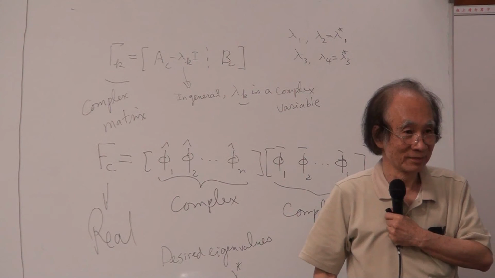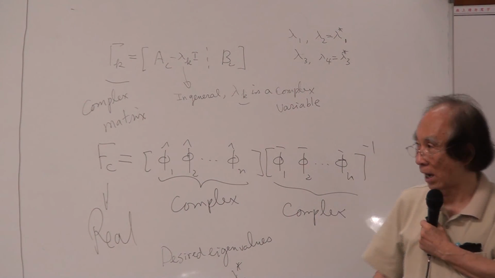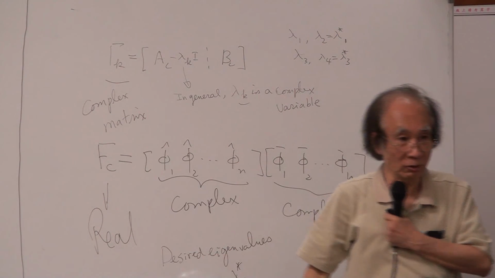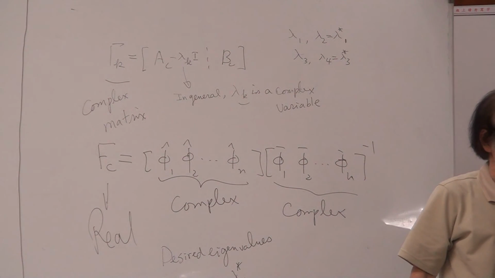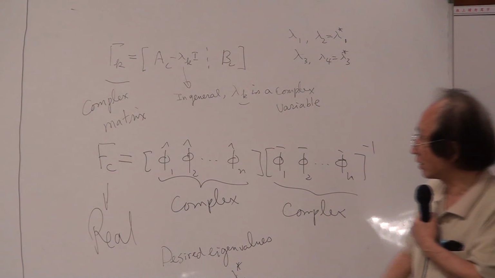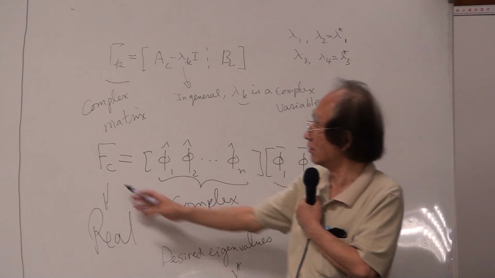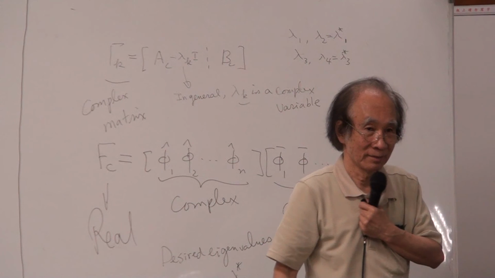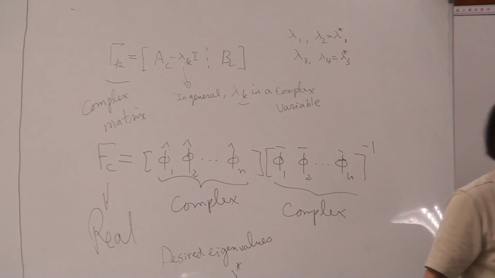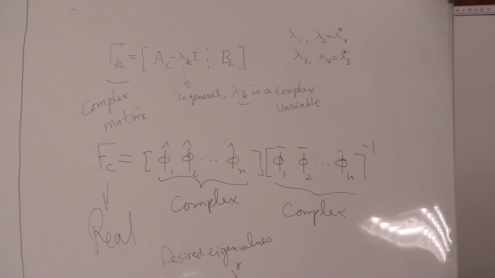All right? You cannot say, oh, I get a complex one, I'll just choose the real one. No. So when you compute this and you find out you have a complex FC, that means something is wrong in your design.